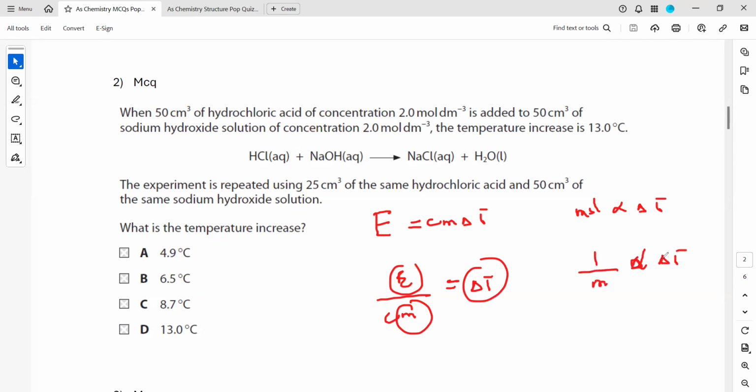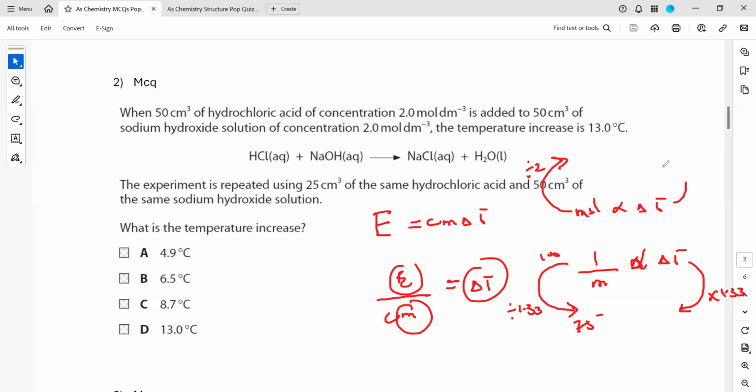They are inverse. So what actually happened is the mass was 100, it becomes 75. How can 100 be 75? It means it is divided by 1.3. Because they have an inverse relation, the temperature change should be multiplied by 1.3. Same thing, the moles become half.